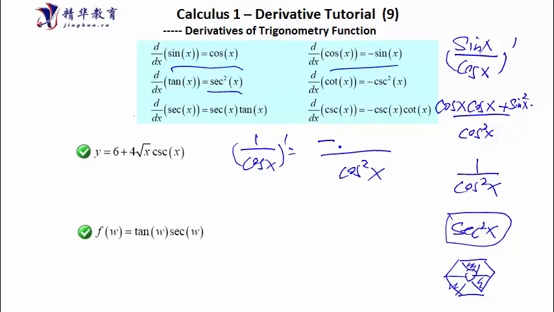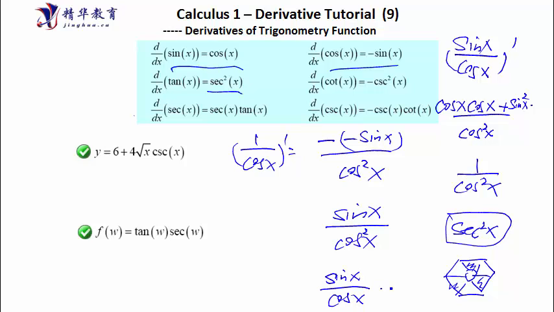So it'll be minus 1, which is not changing, times the derivative of cosine, which is negative sine x. Minus negative sine x is equal to sine x over cosine x squared, which is sine x over cosine x times 1 over cosine x. Sine over cosine is tangent, and 1 over cosine is secant. Finished. Now I've proved it.